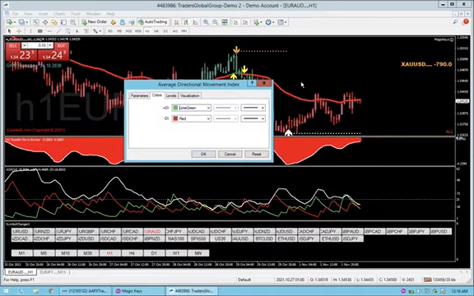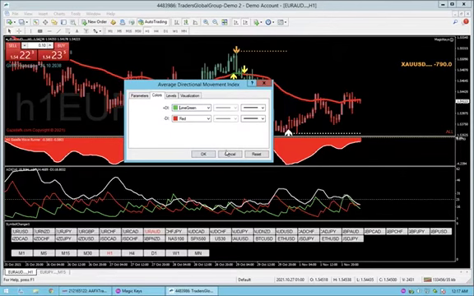Basically, this shows the direction that money is flowing at the time. The one on top is the direction that money is flowing. The one on the bottom is where money is not flowing.